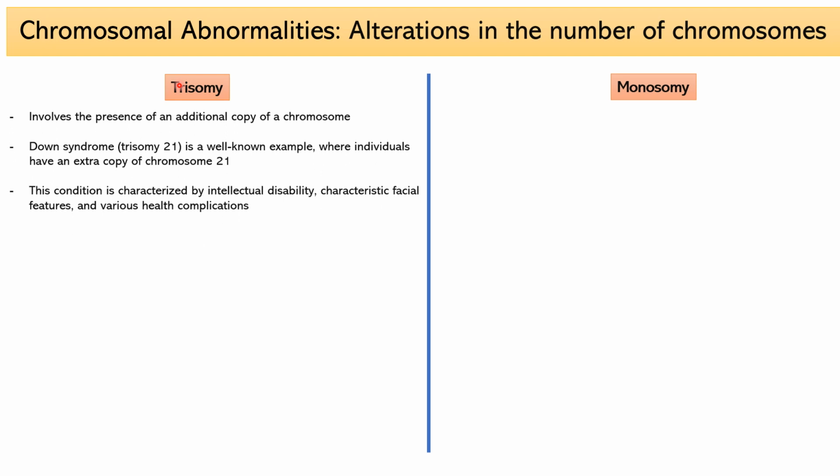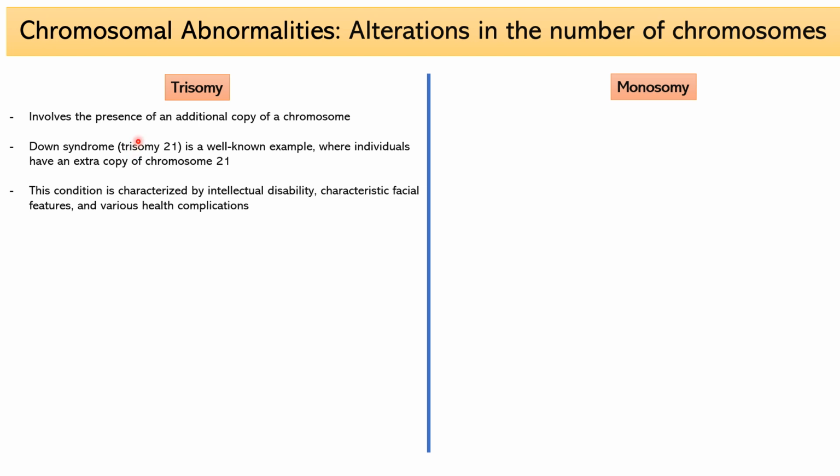So trisomy is a condition in which there is an additional copy of a chromosome. As we now know, within the somatic cell in humans, all chromosomes are found in pairs. But what happens in this condition is that one of the pairs will have an additional copy of a chromosome. A very well-known example is Down syndrome, or trisomy 21.